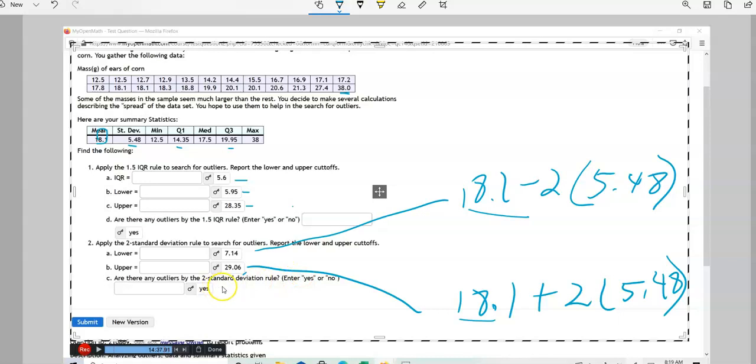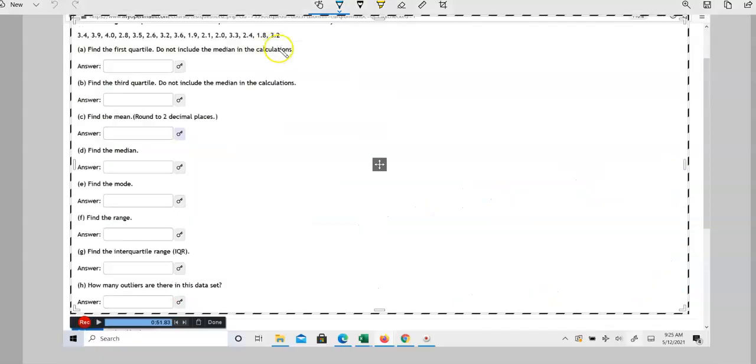So are there any outliers based on the two standard deviation rule? And the answer is, again, yes, because I just see one. 38 is higher than 29, so that's it. So it's the mean minus 2 times the standard deviation and the mean plus 2 times the standard deviation for your upper and lower for the two standard deviation rule.